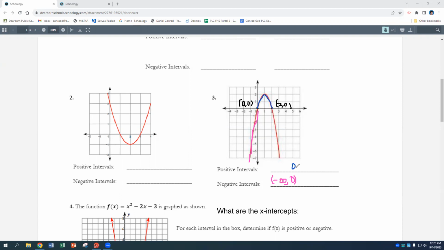So that's 0 to 2. And then we become negative again, from 2 down to the right to infinity. So we're going to do a union from 2 all the way until infinity. There are my positive and negative intervals.